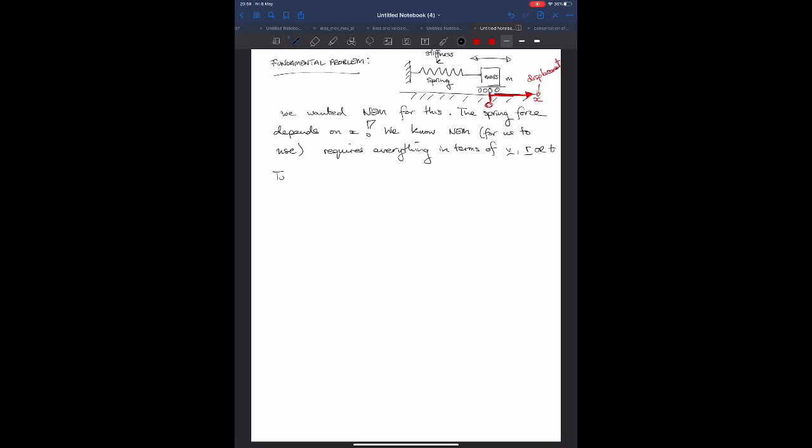It turns out the restoring force, or the magnitude of the restoring force, depends on x only.